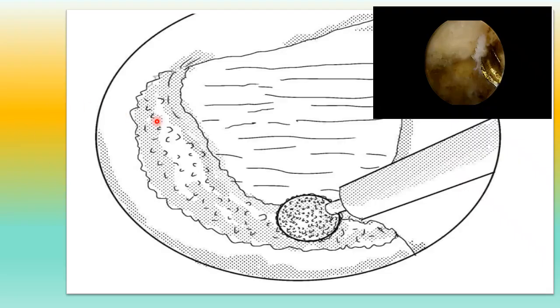We start drilling from here and come along the first curve, that is the lamina curve, up to the IAP. The start of drilling is the spinolaminar junction and the spinous process. This is the spinous process. This is the junction, and we start here.